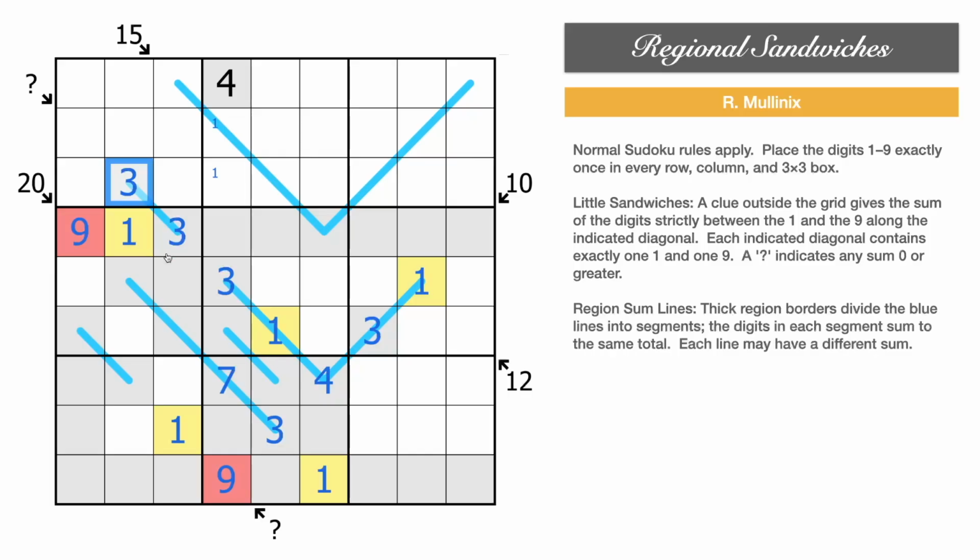And now let's look at this diagonal here. It's a question mark, so you don't know the total, but you know it has to have 1, 9, and 1 on it. It already has a 1, so it has to have a 9 either here or here for the diagonal to work. And it can't be here because of the 9 here, so this is a 9. So that diagonal is done.